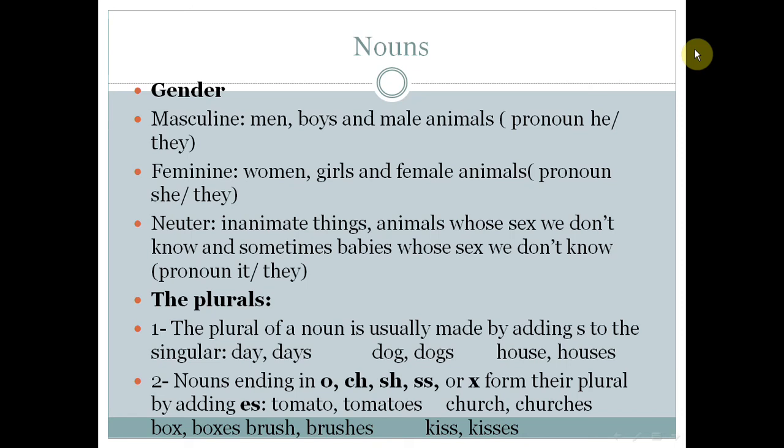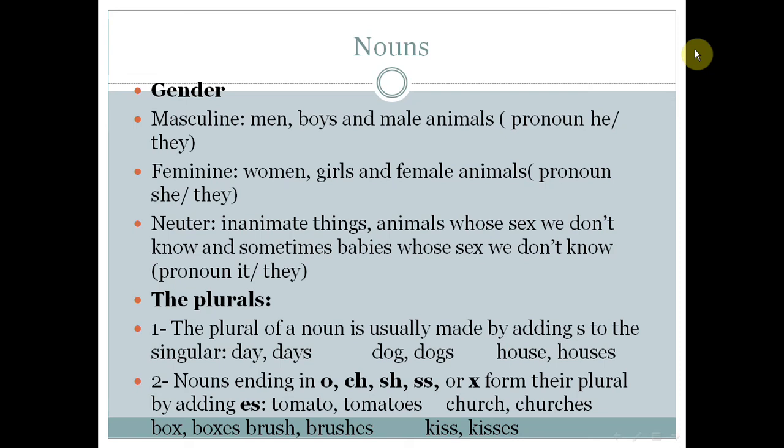So first rule, the plural of a noun is usually made by adding s to the singular, like day, days, dog, dogs, house, houses, book, books, door, doors, hen, hens, table, tables, ring, rings, chair, chairs, and so on.